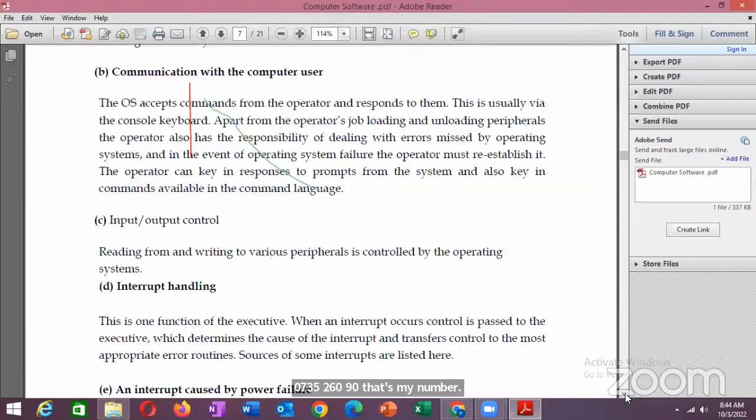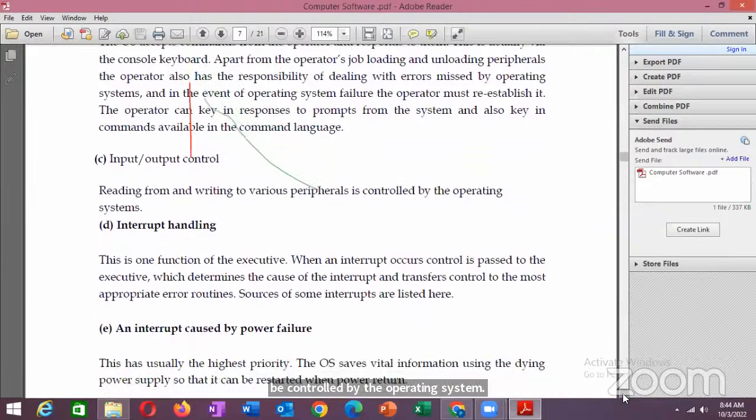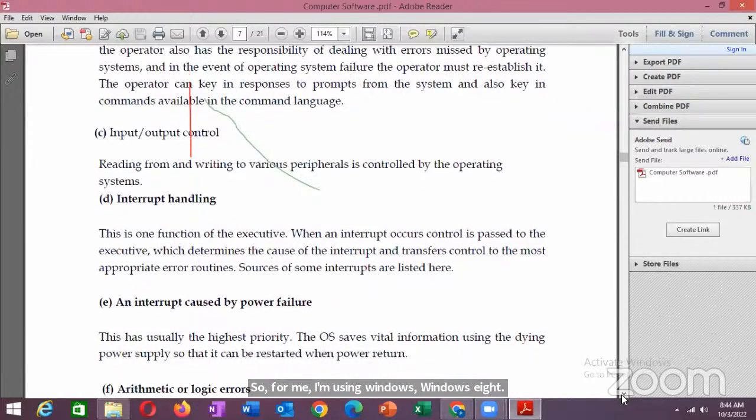Now that control between the typing and the display will be controlled by the operating system. And we have different types of operating system, as I said. For you, mostly in your smartphones, you're using Android. For me, I'm using Windows 8. So there are different versions of operating system.